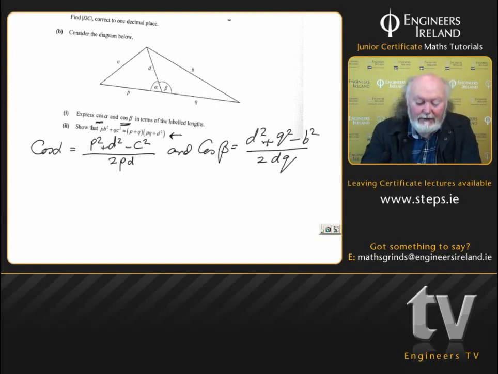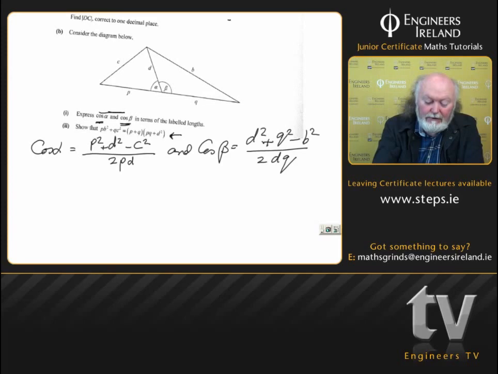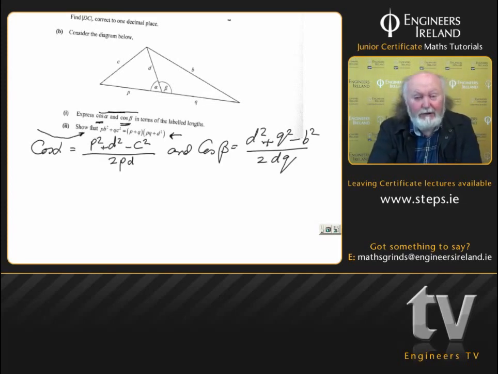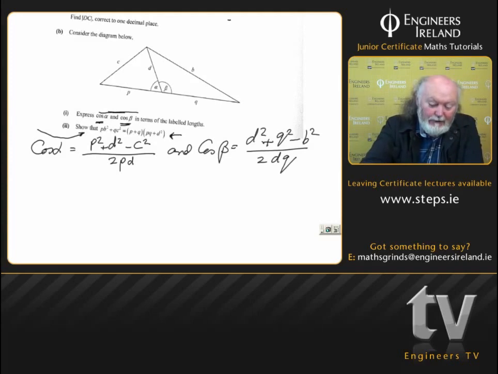What lets you go from having worked these two things out to being able to start establishing a single relationship? Well, it's the exact same thing we saw in the first half of this question. This angle here is all 180.